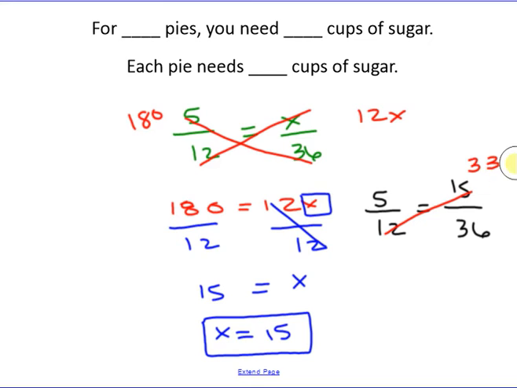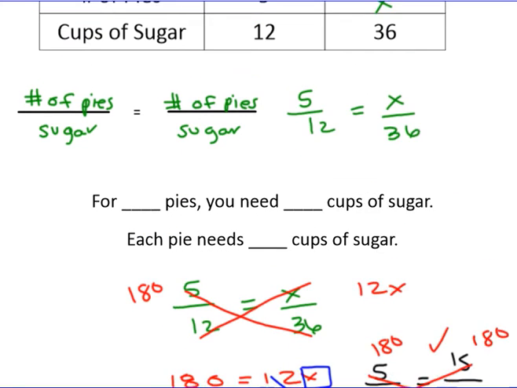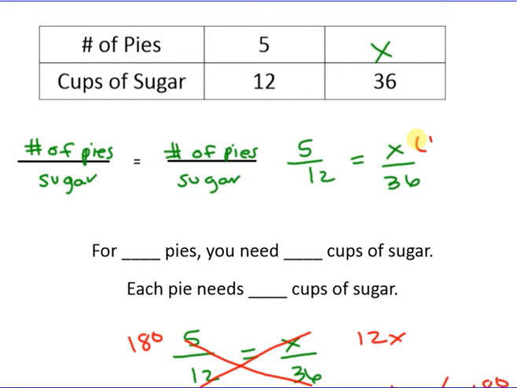That's 180. I was going to say that doesn't make sense. 180. 36 times 5 is also 180. See, it's good to check. That checks out. So this is going to be 15. So for 15 pies, you need 36 cups of sugar. Wow, that's a lot of sugar.